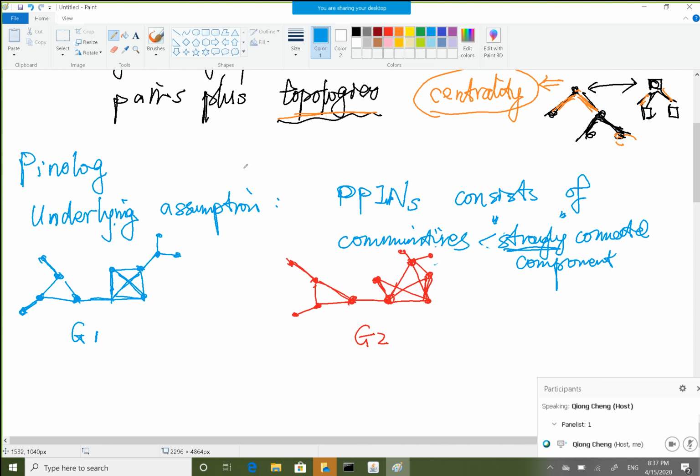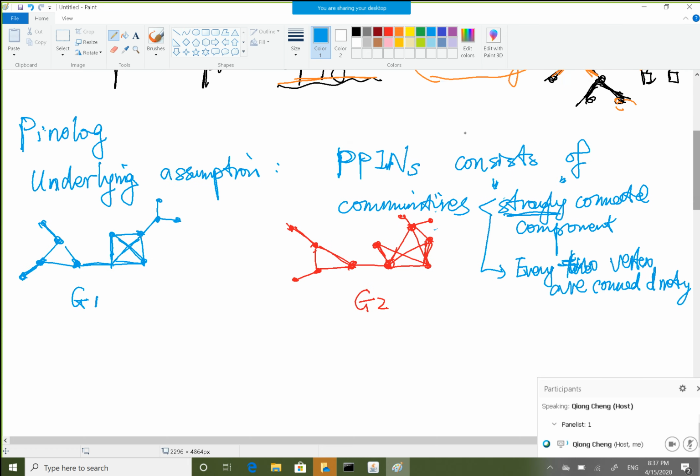So when this is a community, it corresponds to a component in which every two vertices are connected directly. And this corresponds to one of the terms in this paper I mentioned.